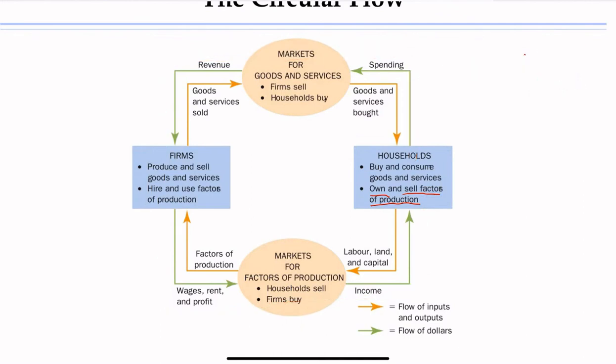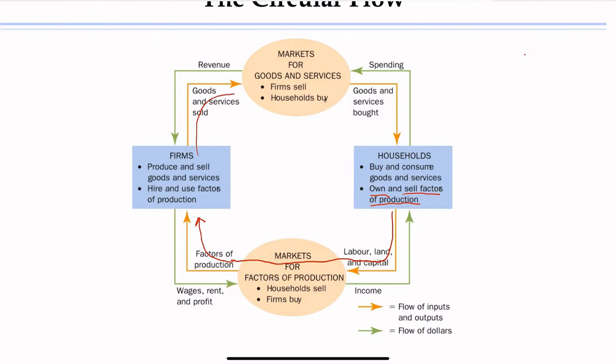And then the inner loop tells you how products and factors work in the market. Here you can see that labor, land, and capital will flow out of the households as factors of production into firms. And by using factors of production, firms will be able to produce goods and services.